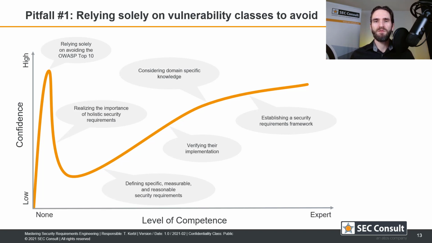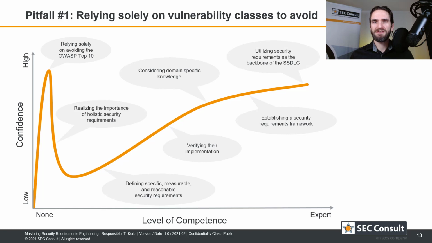Security requirements frameworks consist of specific security requirements that appear over and over again in your organization, already fine-tuned to your specific needs, but also provide proper guidance on how to create new security requirements and how to make building blocks out of them so that you can reuse them in later projects.